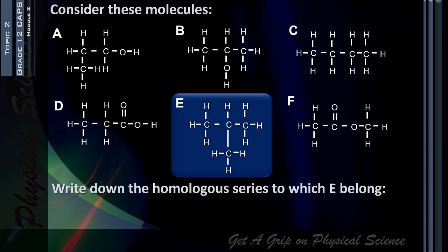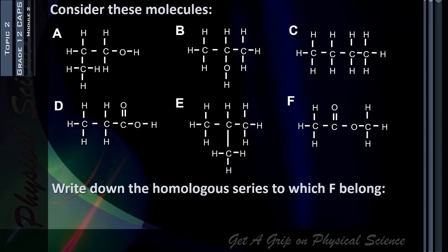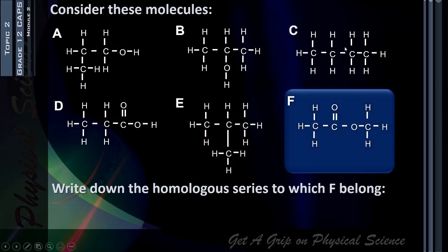E, again, only single bonds between all the carbons and hydrogens. So E is an alkane. With F, the functional group is the oxygen in the chain of carbons and the double bond O on one of the adjacent carbons. So this functional group tells us that F is an ester.